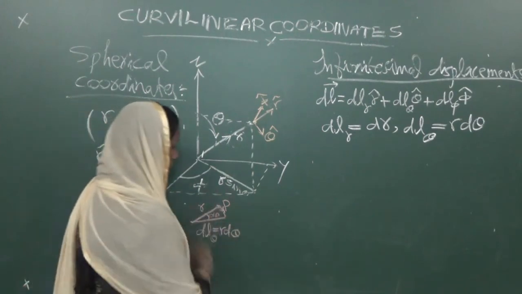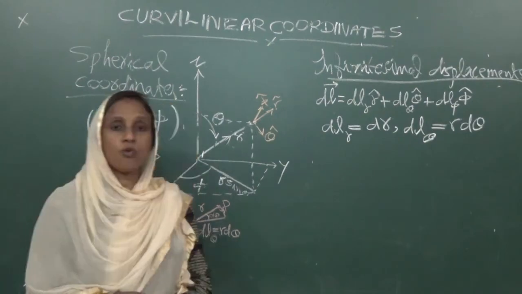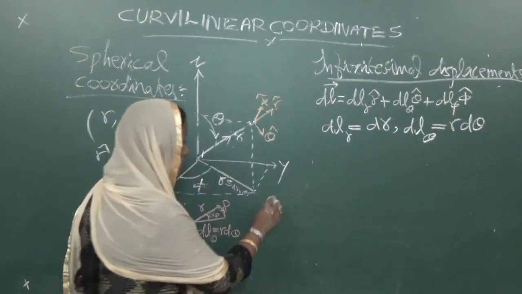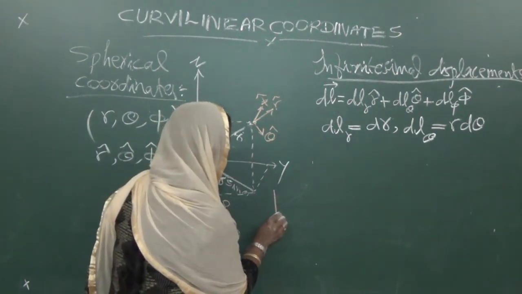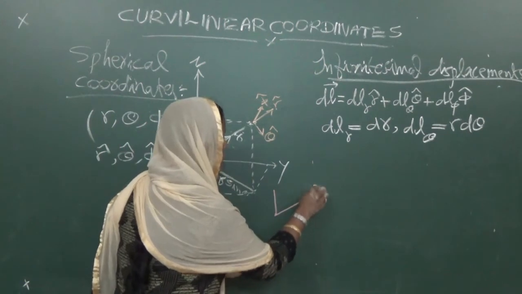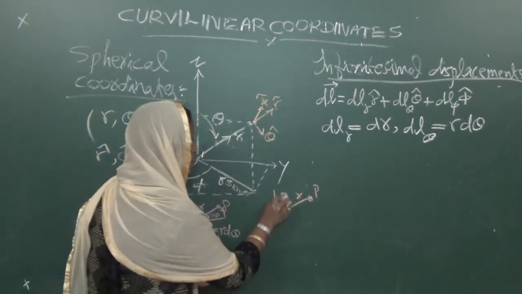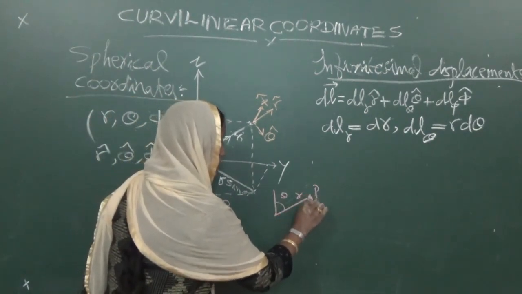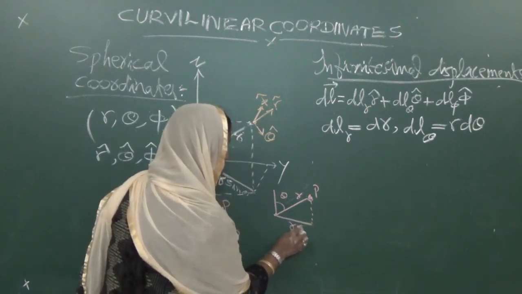Now, for dl_phi, we can find out dl_phi. Okay, for that, let me show you just the points. This is point P and this is R. Okay, this is theta. Now, its projection is along this direction. This is R sin theta.